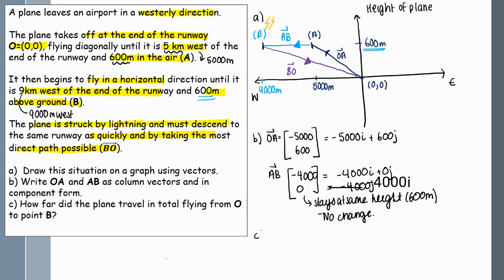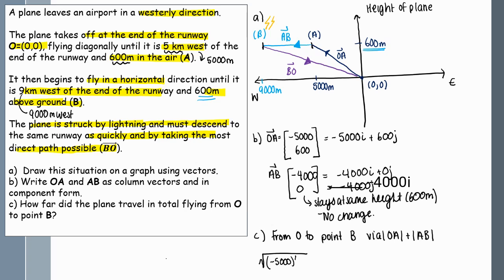Last question, how far did the plane travel in total flying from O to point B? We have to calculate the length of the flight from O to A, and then add on the distance traveled of the flight from A to B. So we use our modulus formula.